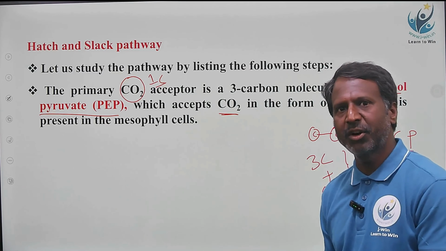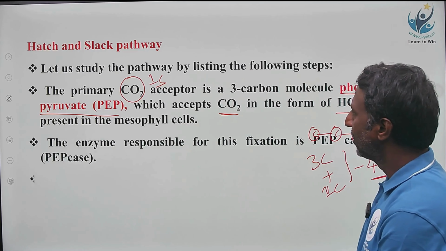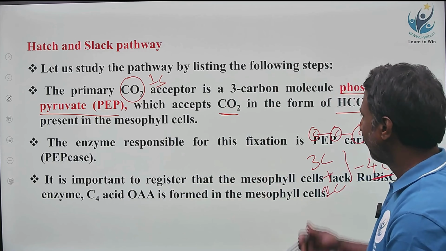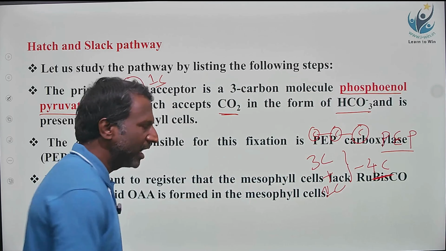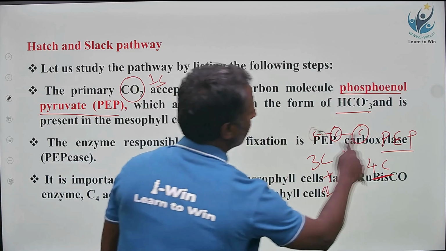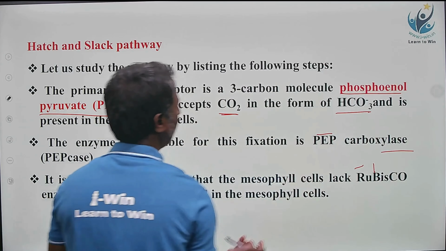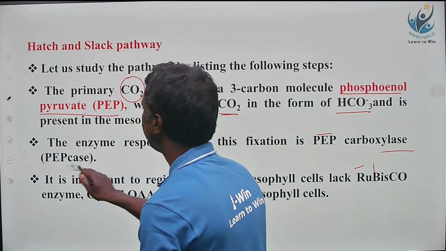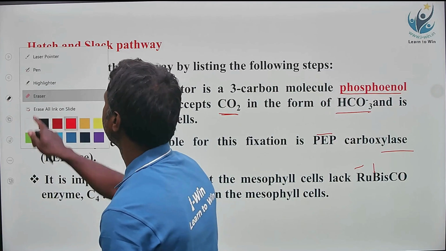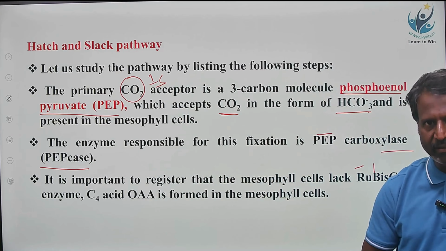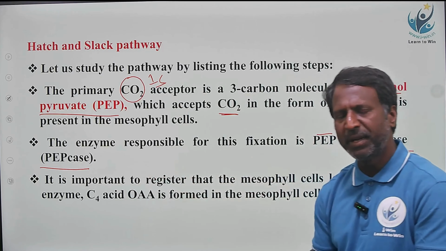Now let's get into the topic in more detail by going through the diagram. Before that, look here. What enzyme is going to play an important role here? The enzyme which plays an important role is PEP carboxylase. Shortly we call it PEP case. Why did we give the name PEP case?